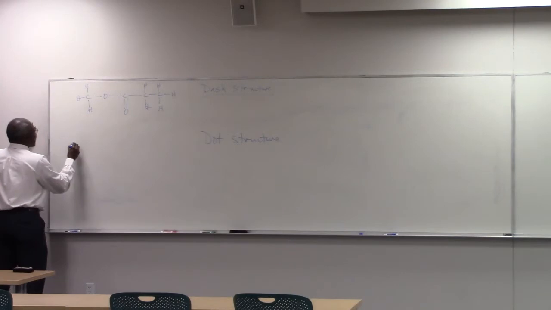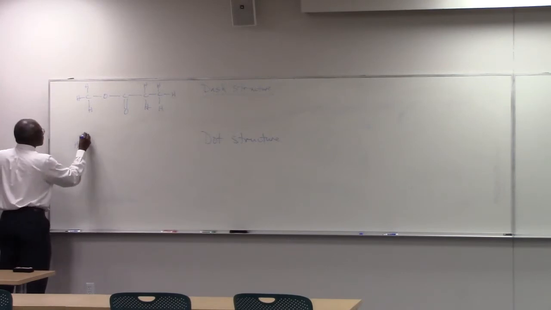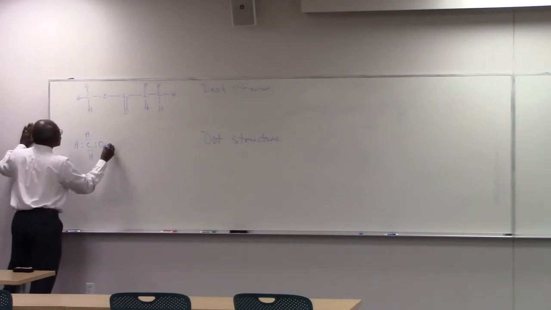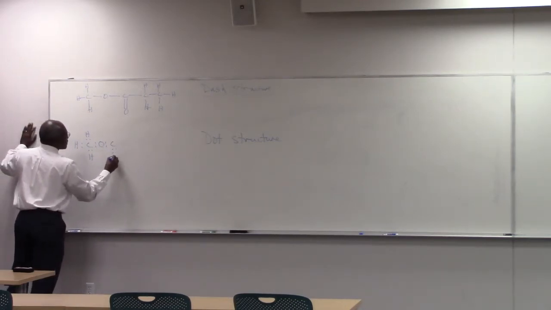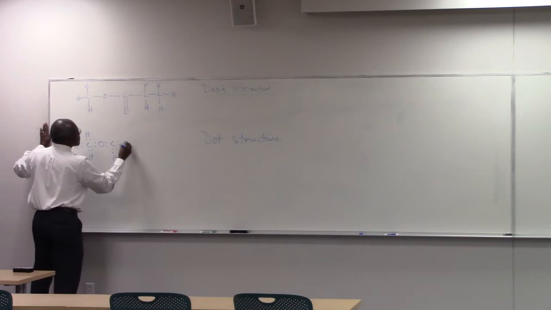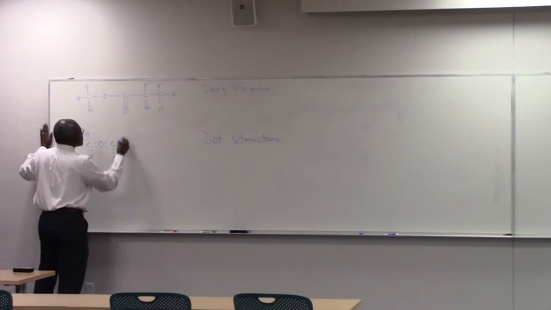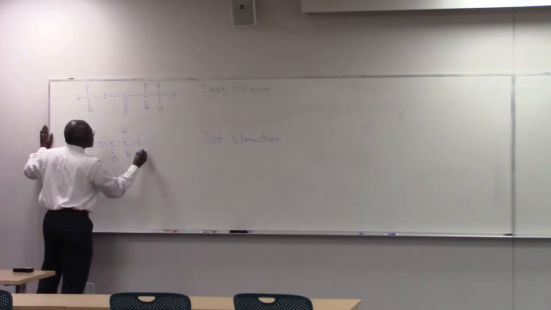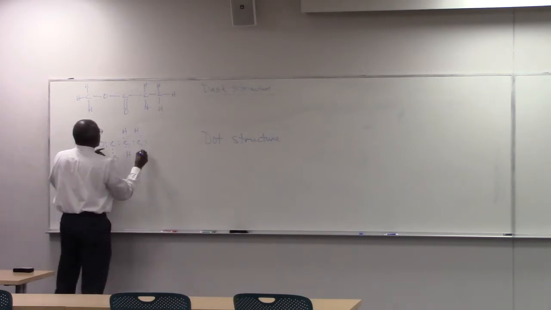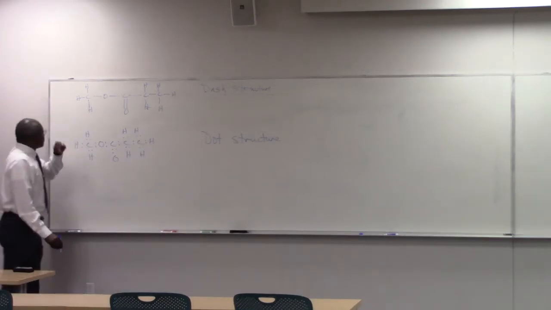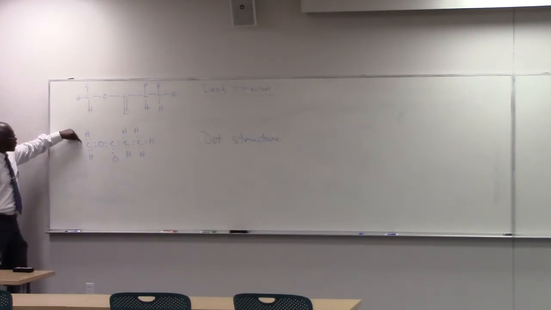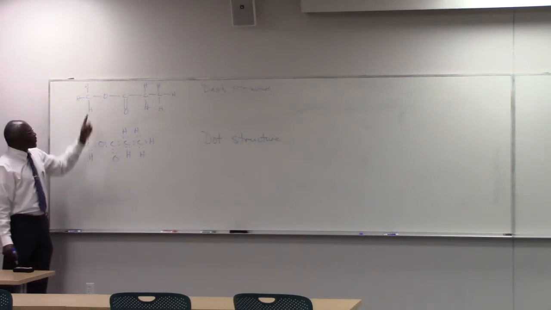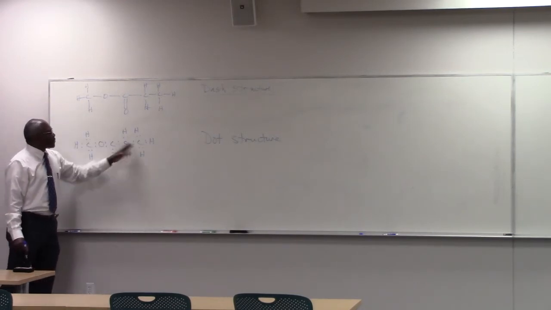So this would look like H, then my O. So these two electrons represent that bond, these two that bond, these two that bond, and so on and so on.